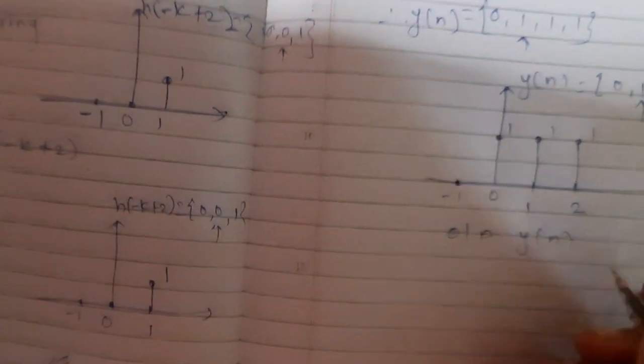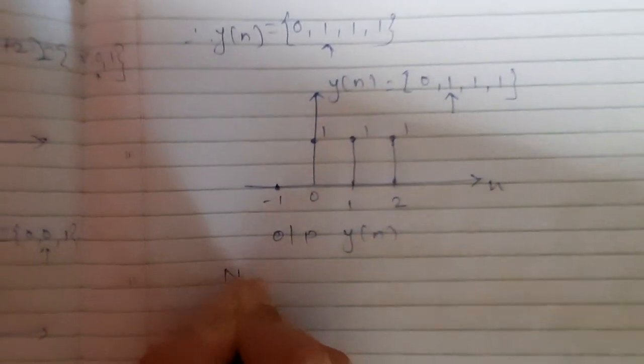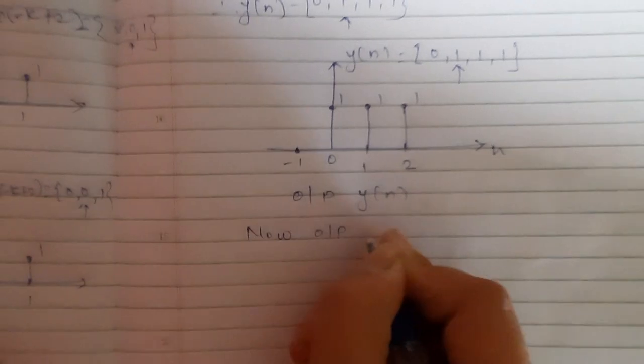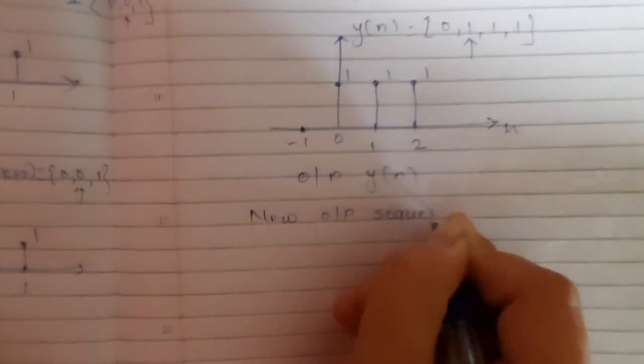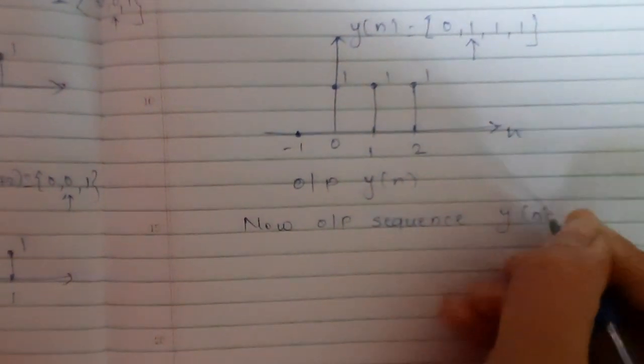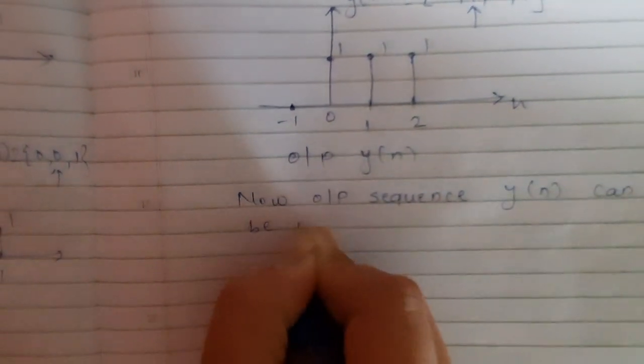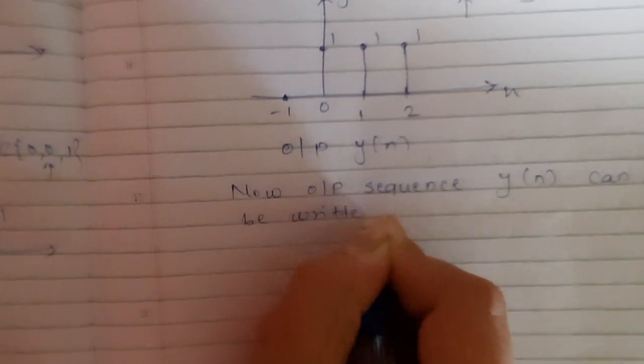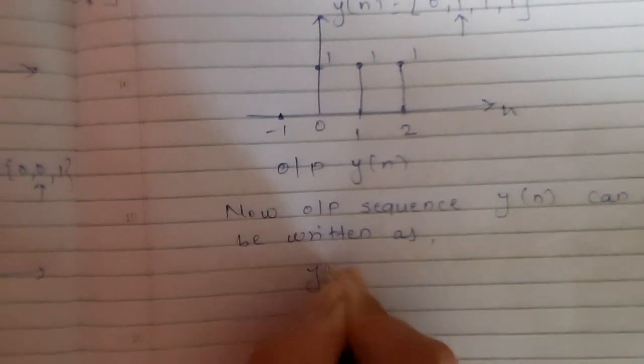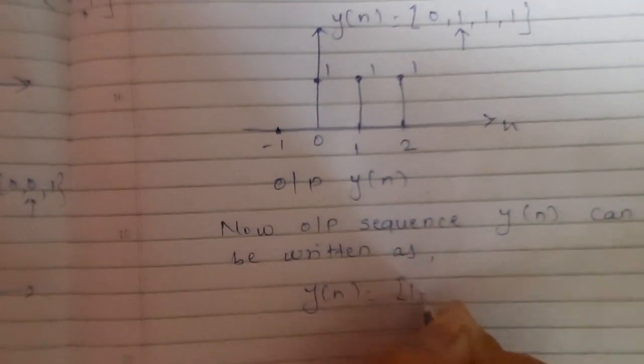Now the output sequence y of n can also be written as y of n is equal to 1 1 1.